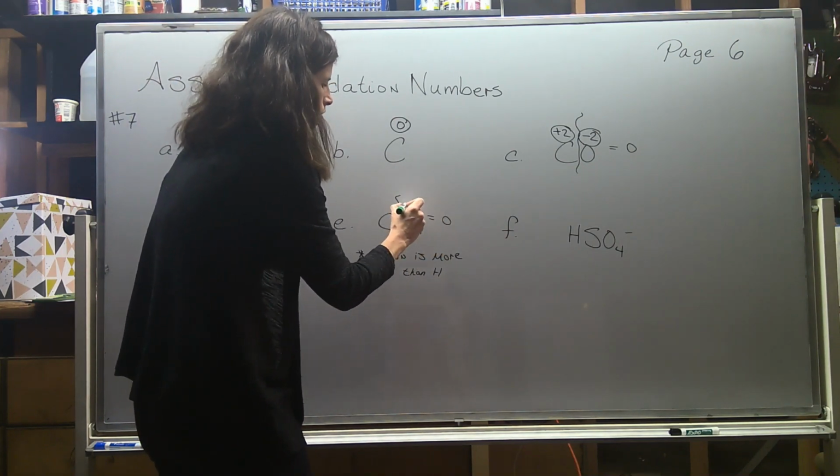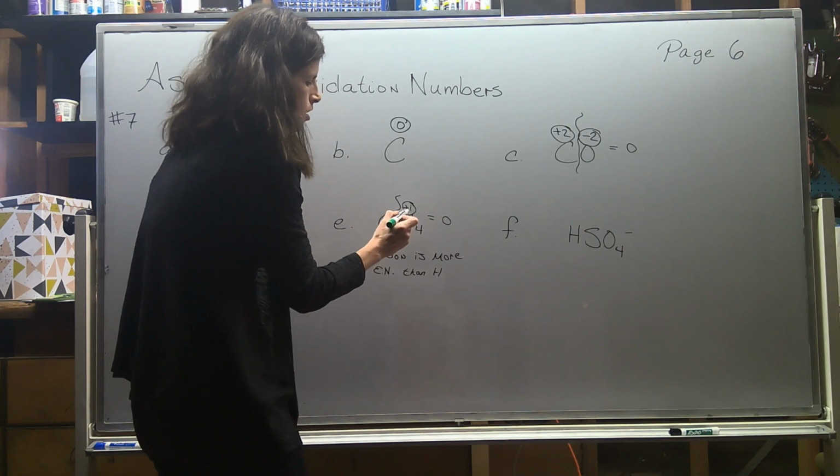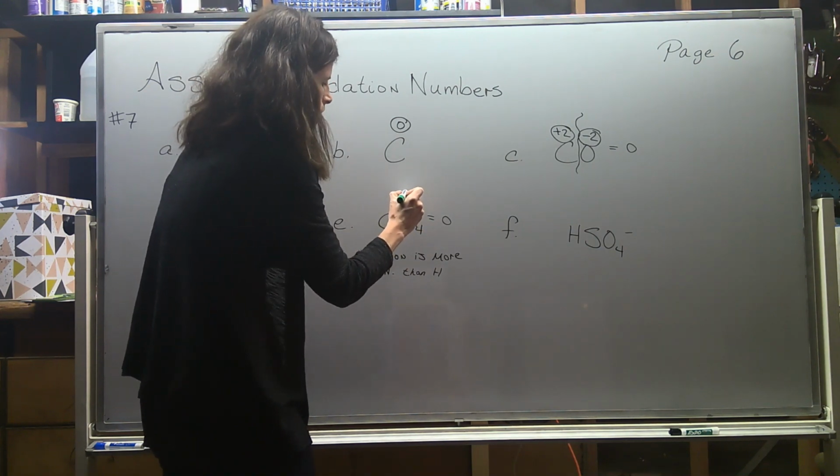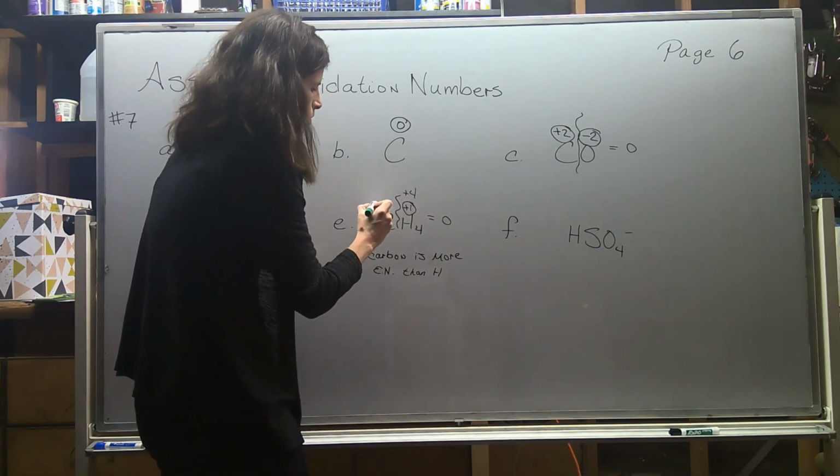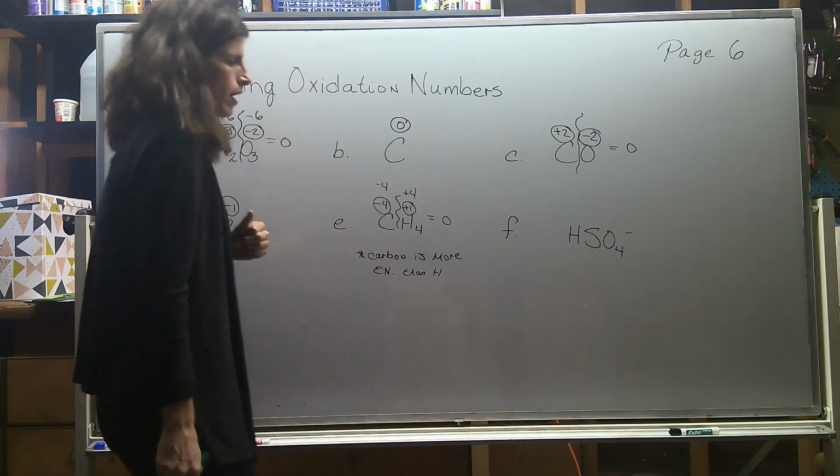So I'm going to do a +1 on my hydrogen. +1 times 4 gives me a +4, which means carbon in this example is going to be a -4.